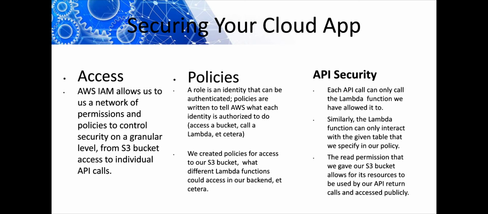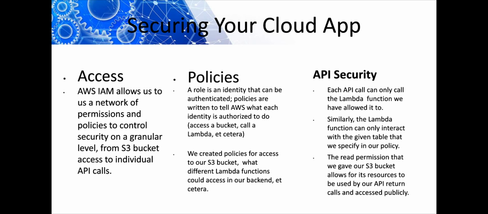So to do that, we created roles. So a role is just an identity that can be authenticated. It could be verified. And we wrote policies. So policies are just a statement of, shall we say, the rules, which tell AWS what each role can do, what each identity is authorized to do.